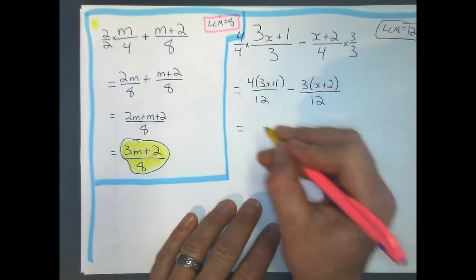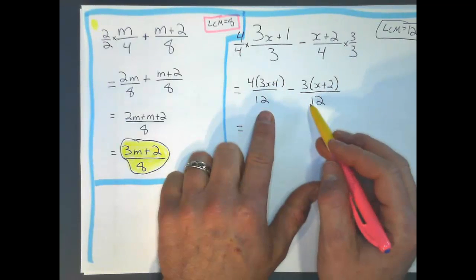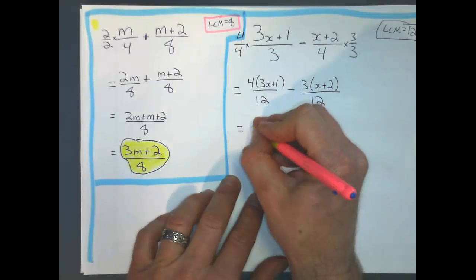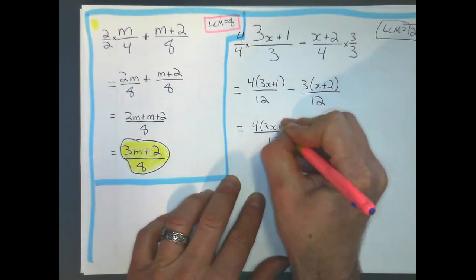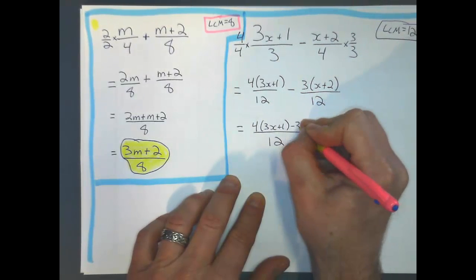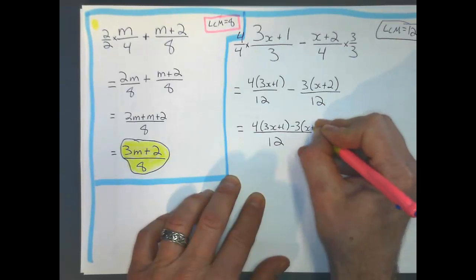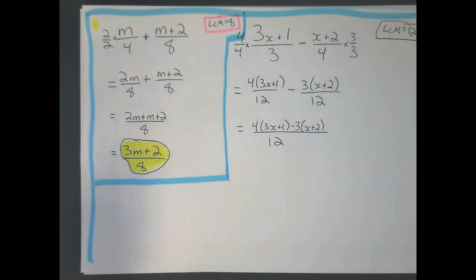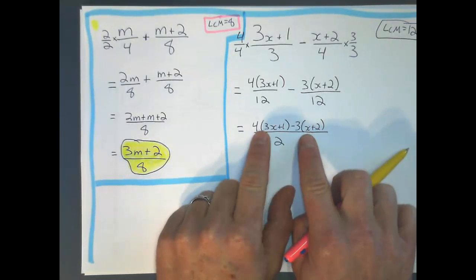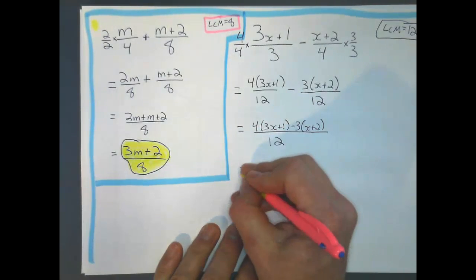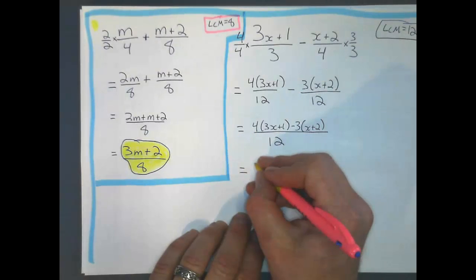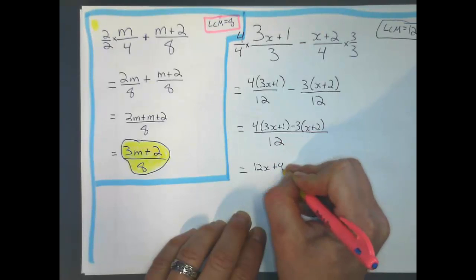Now I have a common denominator, so I can put it all over 12. I have 4 brackets 3x plus 1, minus 3 brackets x plus 2. Here's where our algebra skills come into play, when I expand and then collect like terms. Expanding the first one, I get 12x plus 4.